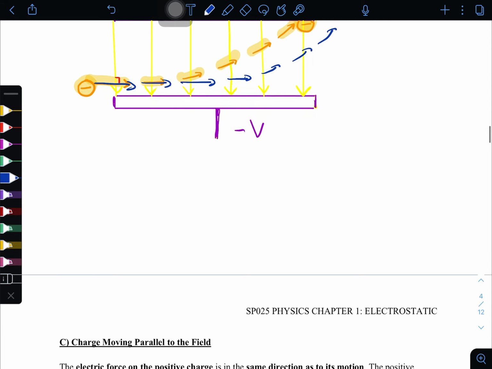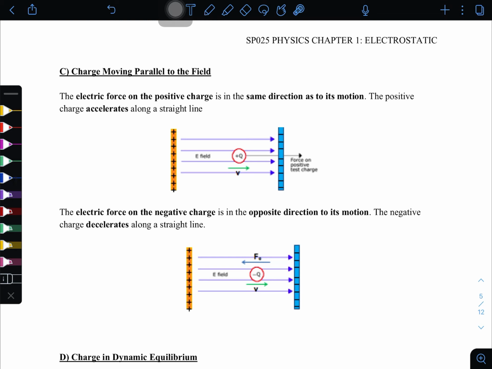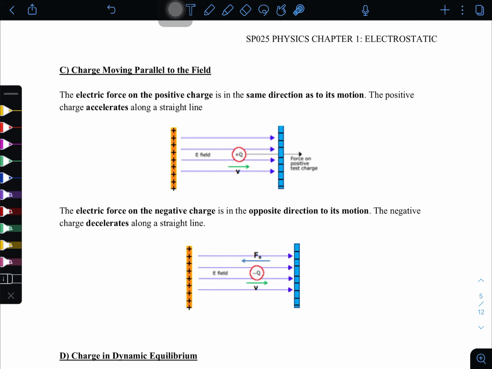Okay, we go to the third case, which is charge moving parallel to the field. Tadi charge perpendicular to the field. Now charge parallel to the field. So the electric force on the positive charge is in the same direction as its motion. The positive charge accelerates along a straight line. Okay, so I have a positive charge here dan saya bagi initial velocity dekat dia.